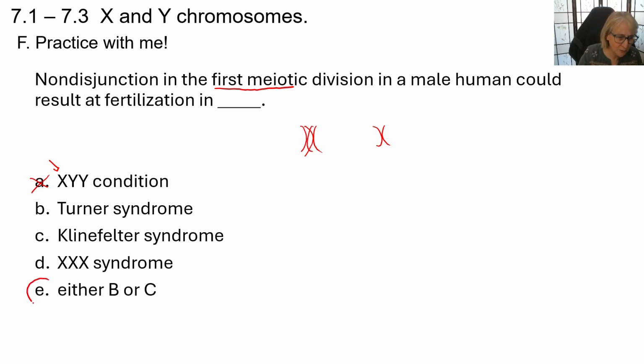The answer here is really E. Klinefelter syndrome is XXY. Turner syndrome is X with no other chromosome. The male would get these stuck together during meiosis 1, so he would pass on an X and a Y. During meiosis 2, the sisters would separate from each other. But during meiosis 1, the homologs separate from each other.